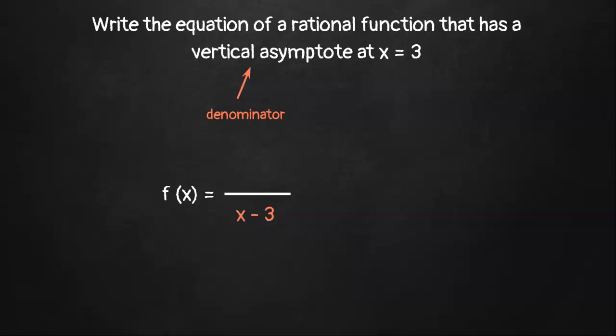You could do 2x minus 6 if you wanted to, any expression that, as long as you set it equal to 0, gives you 3. And you could put anything else in the numerator. You could have a number, we could pick 5, you could have 2. So with this particular function, we are looking specifically at the denominator.